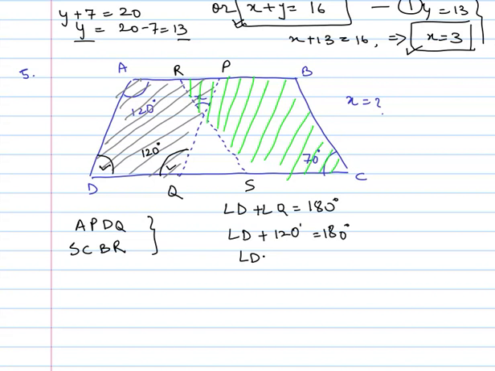It makes angle D equal to 60 degrees. Now we know the value of angle D, which is 60 degrees, right? Now in the gray parallelogram, this is angle P. Again angle P will be equal to 60 degrees because angle D and angle P are opposite angles and they are equal in a parallelogram. So we know angle P.